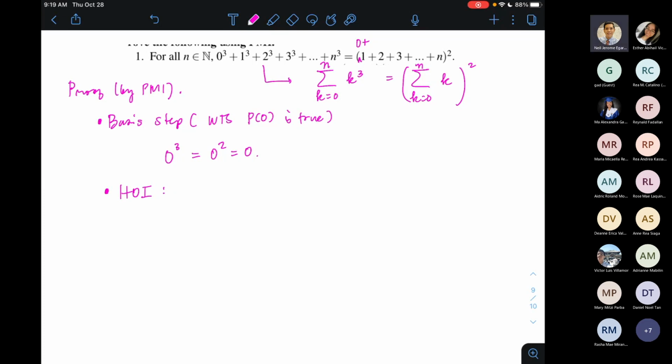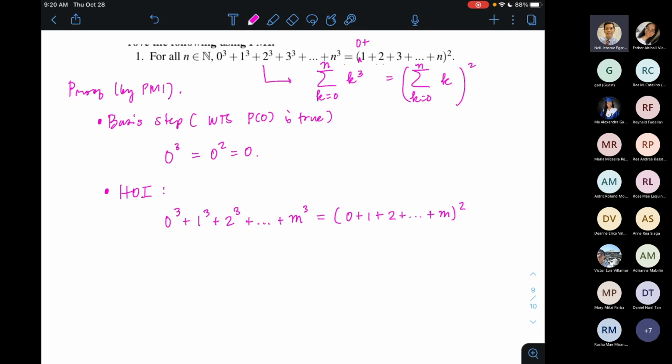So, 0 cube plus 1 cube plus up to plus m cube po pala. Okay. Which is equal to the quantity 0 plus 1 plus 2 plus up to plus m close quantity squared po. Okay, great. Thank you, Mary Rose.